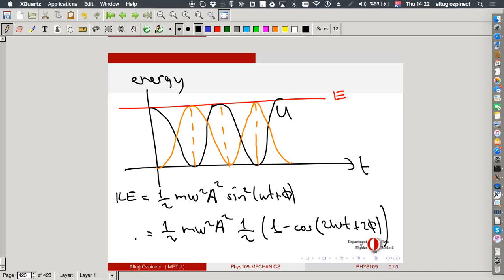Could you re-explain how you got the second equation? The second one, well, there are some trigonometric identities: cosine of twice some angle is twice cosine squared theta minus 1, or 1 minus twice sine squared theta.